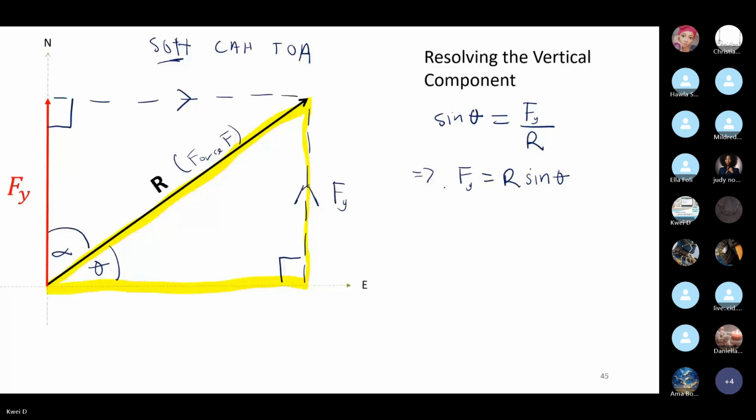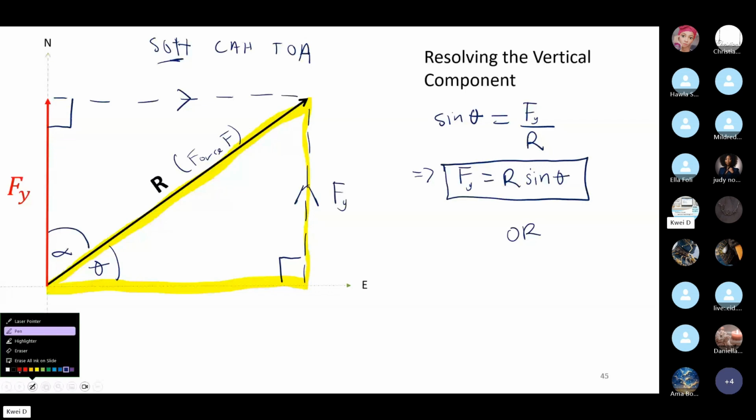So in that case, if you look at where Fy is adjacent to the angle alpha, it's adjacent to it.